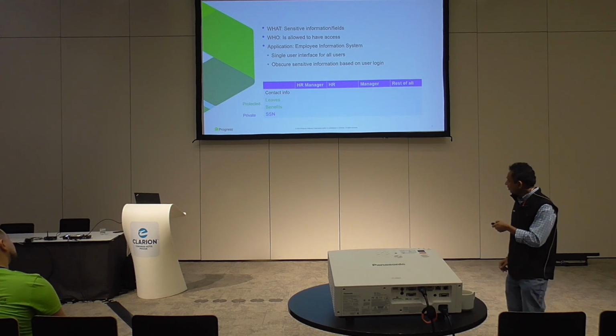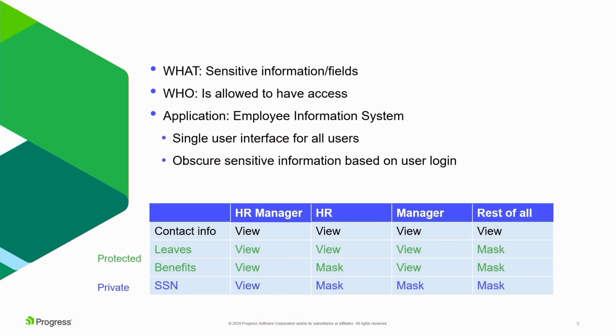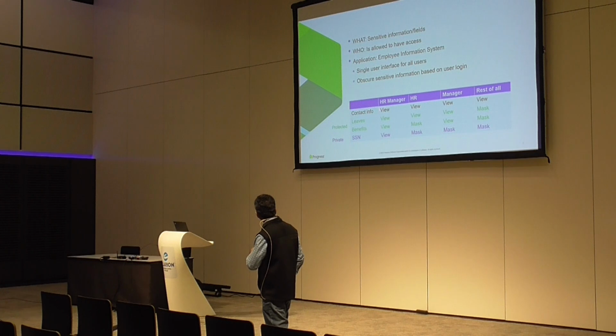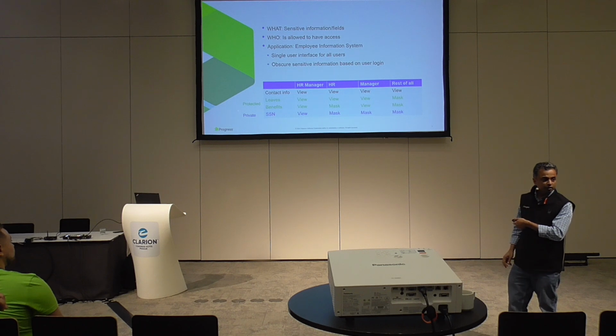And the third one is the highly sensitive information, that is my SSN. In the US, the social security number is considered an identity number the country provides to the user. So we have an answer to the first question, the sensitive information.